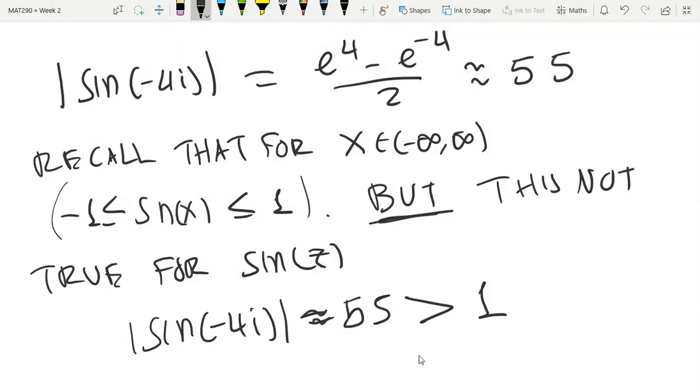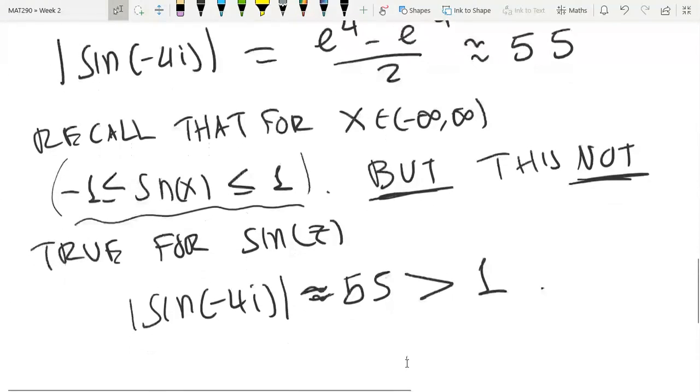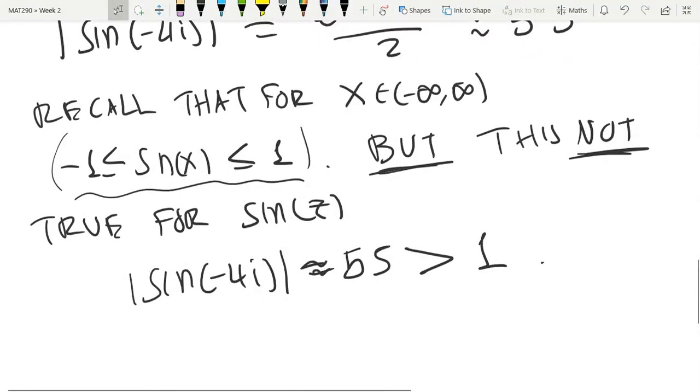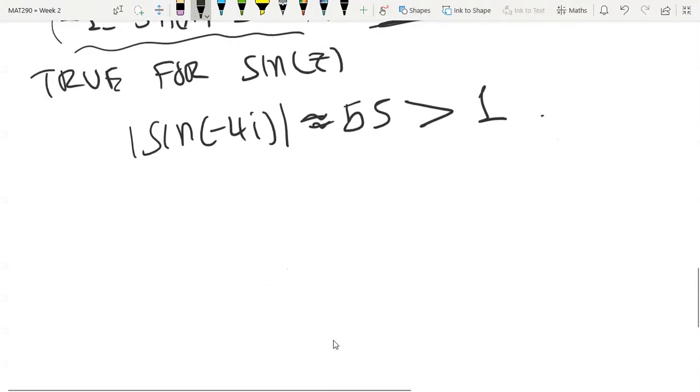So it doesn't satisfy the inequality. Okay? So I hope that point went across. All right. So let me do one more example. And if you want more, just tell me.